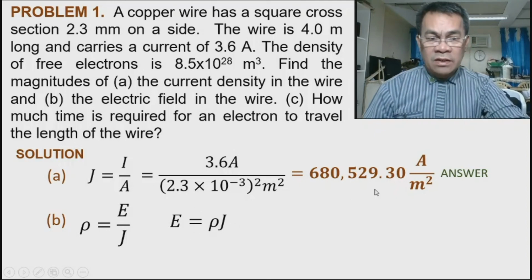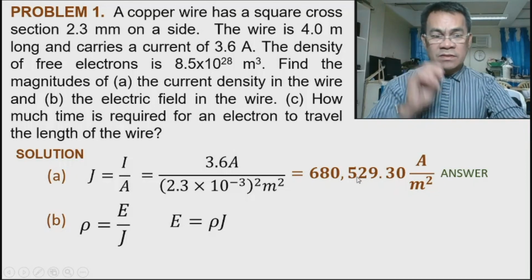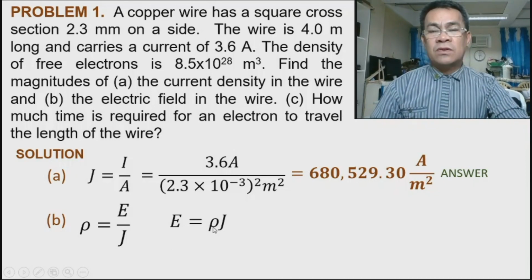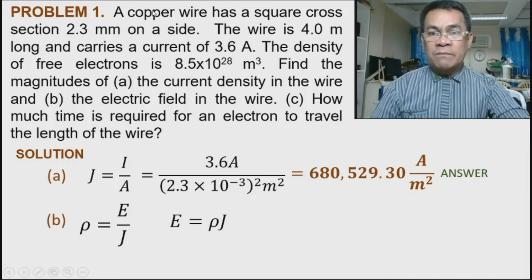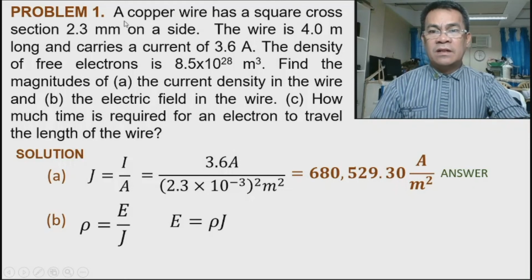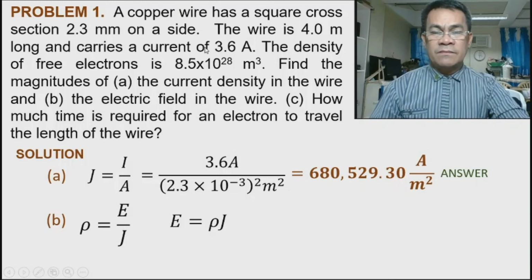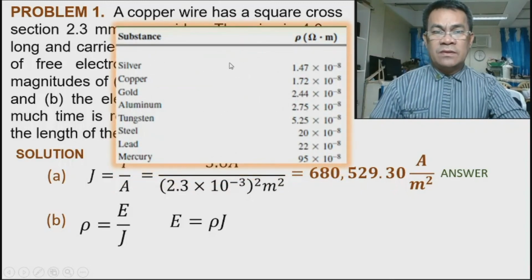Now, take note J was provided. What is rho, or the resistivity? Take note, this is copper. In our previous table, what is rho for copper? 1.72 times 10 raised to negative 8.